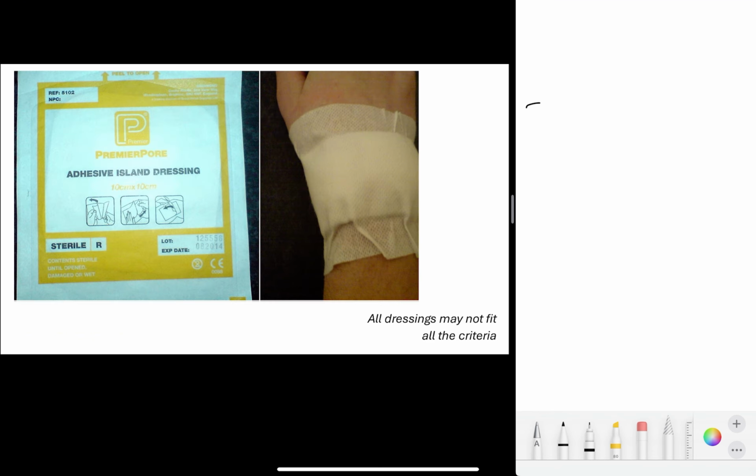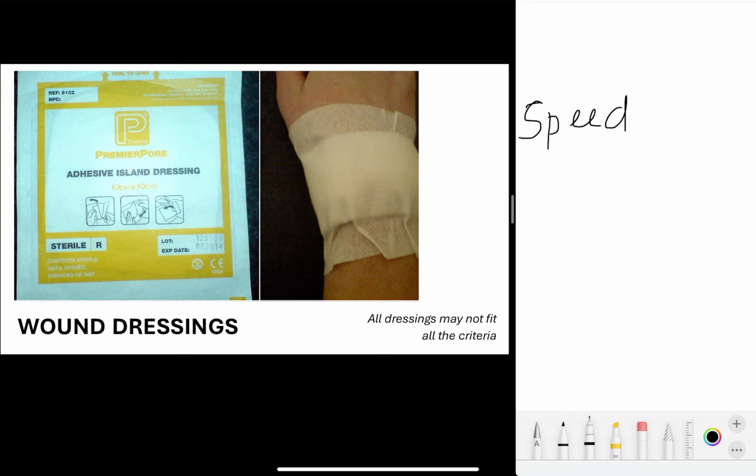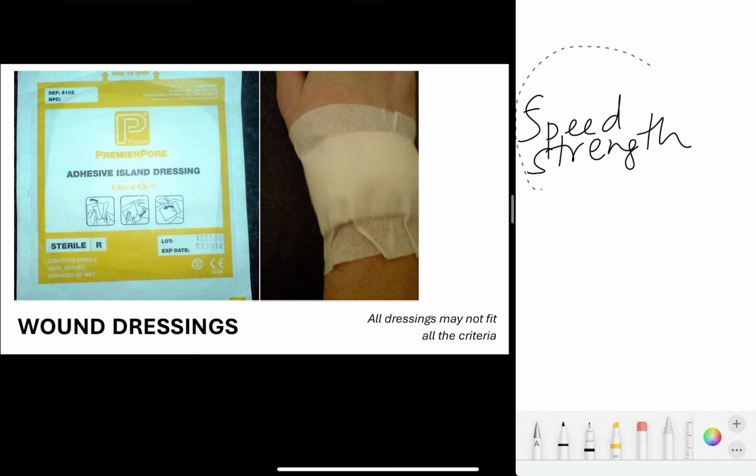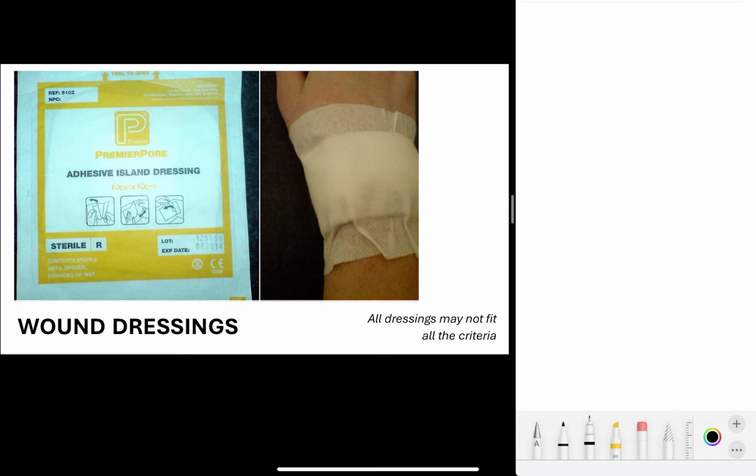Now coming to wound dressing. Dressing can significantly impact the speed of wound healing and also the strength of the wound. So what are some of the characteristics of an ideal dressing? An ideal dressing absorbs excessive wound fluid while maintaining a moist environment.